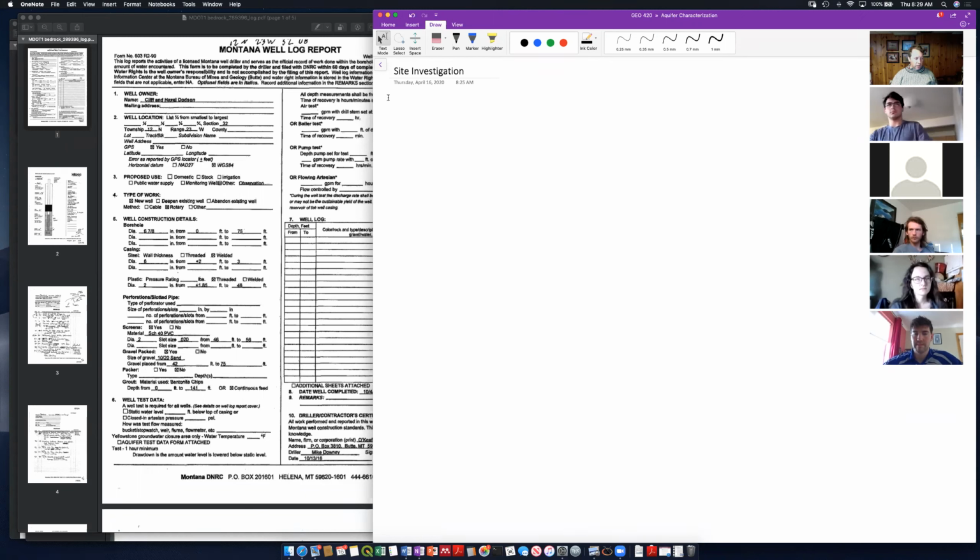There's a few basic steps that we do when we start off an investigation. And the very first thing we do is a desktop study. So we start with the desktop study.